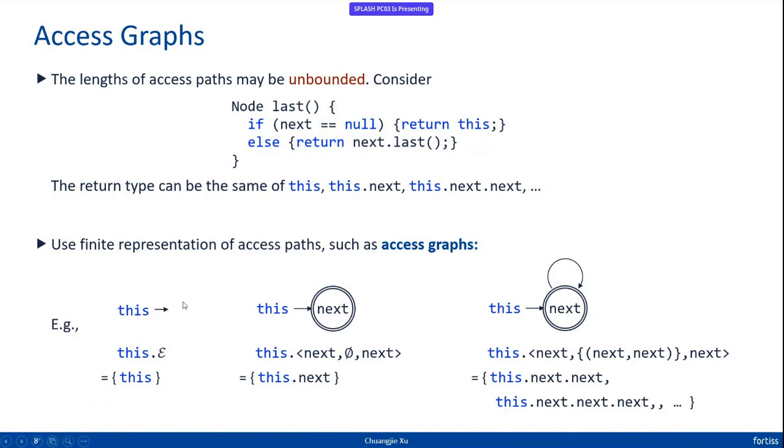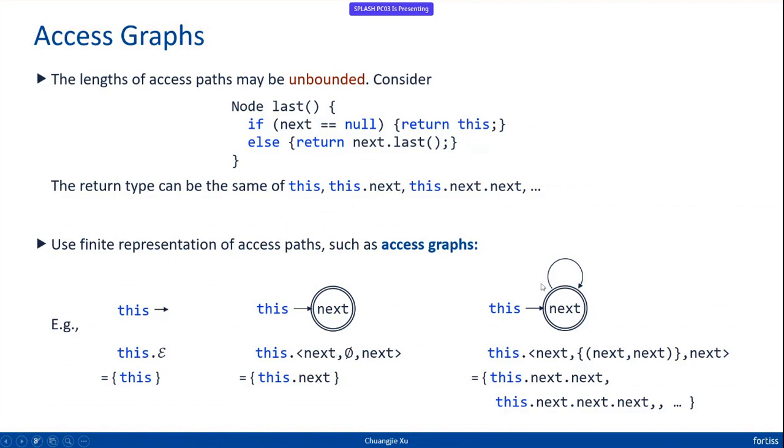For this one, I have the empty field graph. So this represents only the path with no fields. And here I have only one node, next, and nothing else, so only one node and the empty set of edges. This represents only the path this.next.